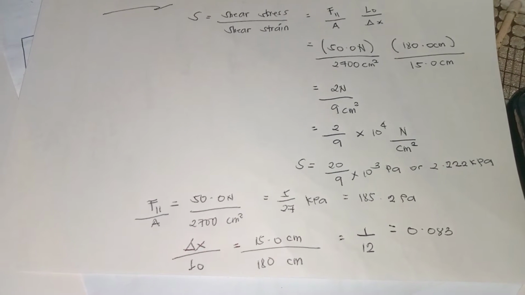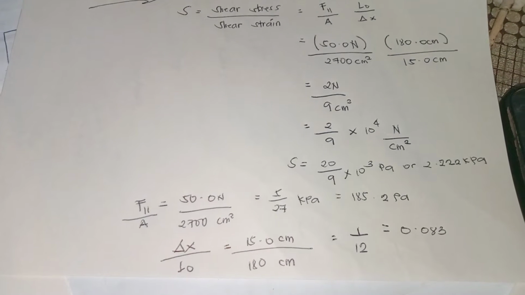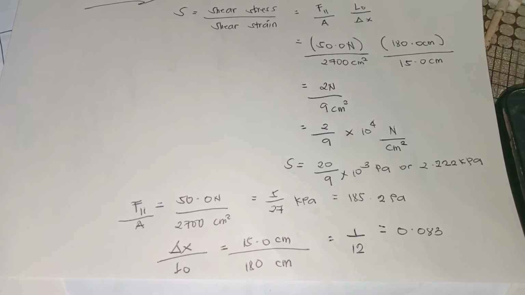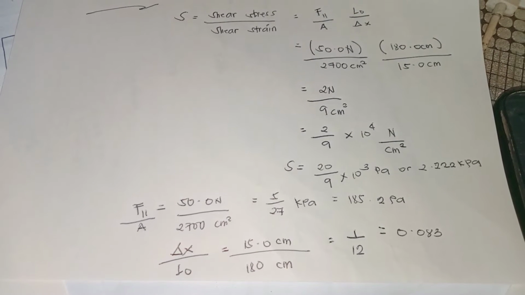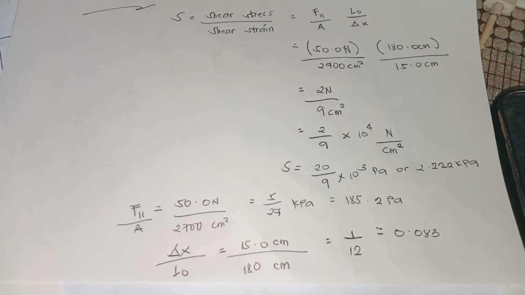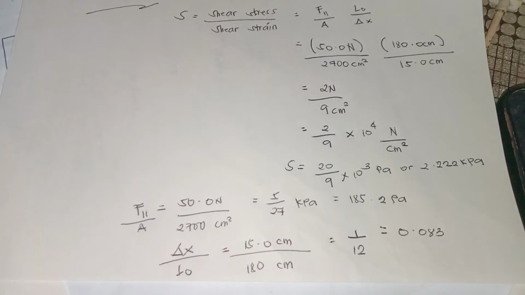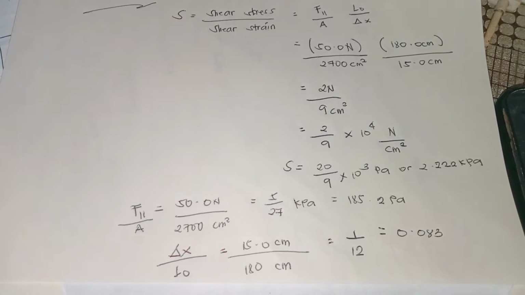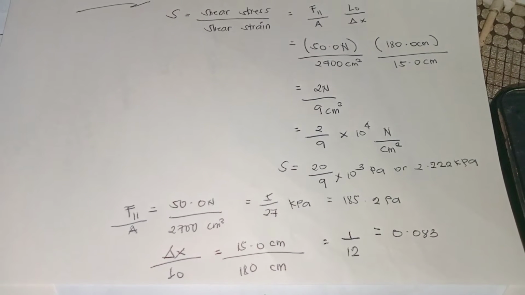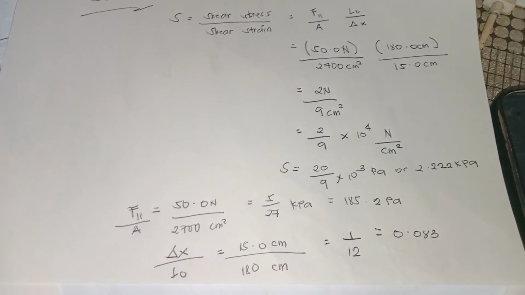So F_parallel, or the tangential force over the area: the tangential force is 50.0 N, and the area is 2,700 centimeters squared. By plugging in the 50 over 27 pascals, we derive the answer 185.2 pascals.